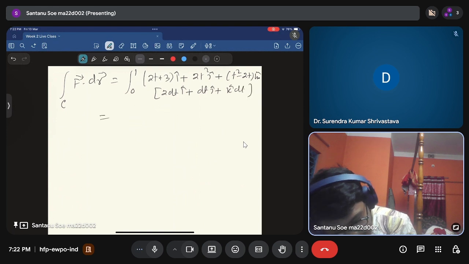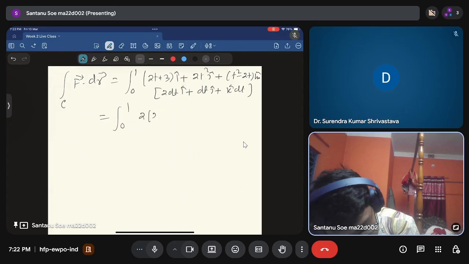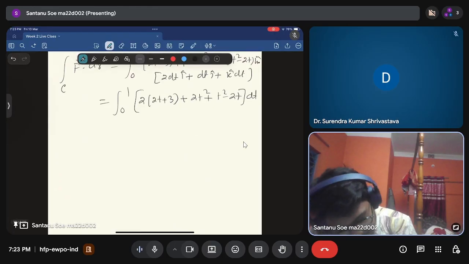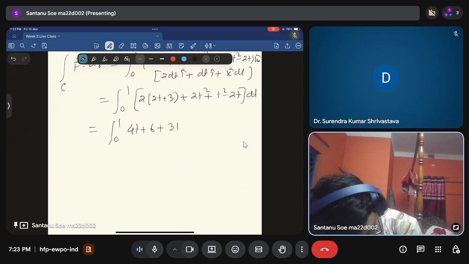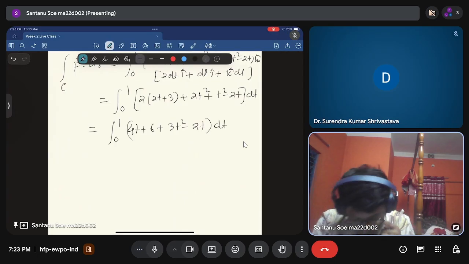Okay. So this is just integral 0 to 1, 2 times (2t plus 3) plus 2t square plus t square minus 2t, and then dt. So this is integration 0 to 1, 4t plus 6 plus 3t square minus 2t dt.